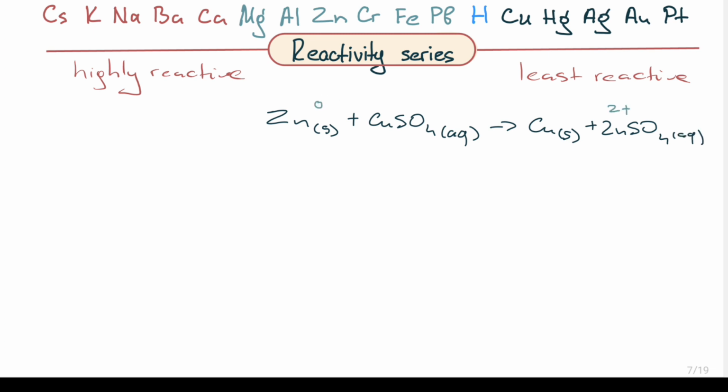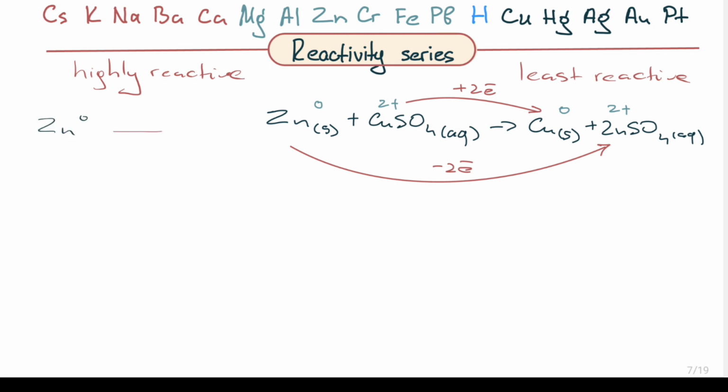Zinc's oxidation state 0 becomes 2 plus, and the oxidation state of copper 2 plus becomes 0. What will you observe? You will observe that the zinc will lose 2 electrons while the copper will gain 2 electrons. So on the left side, separately for the zinc, we write zinc 0 will become zinc 2 plus. Zinc in the beginning has 30 protons and 30 electrons because the overall charge is 0.